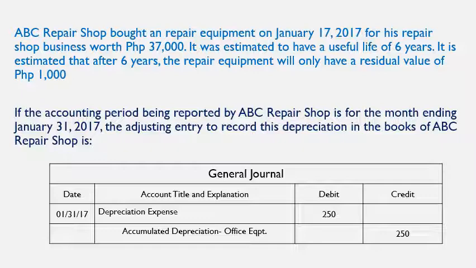Okay, so take note na kapag nagsusulat kayo ng adjusting entries every end of the accounting period, or every end ng buwan, bago kayo mag-start ng panibagong accounting cycle. Let's say na yung accounting period ng ABC ay mag-end ng January 31, meaning mag-a-adjust siya sa January 31.